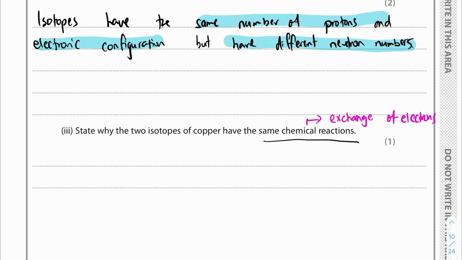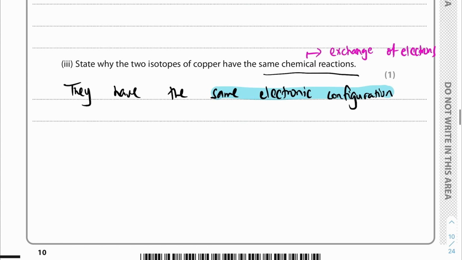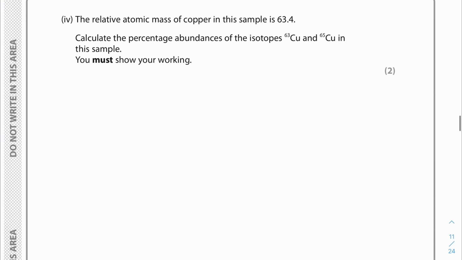It's pretty simple. All we have to say is that they have the same electronic configuration. Hence why they have the same chemical reactions. So the keyword here is same electronic configuration. I'll give you the 1 mark. Let's move on to part IV.